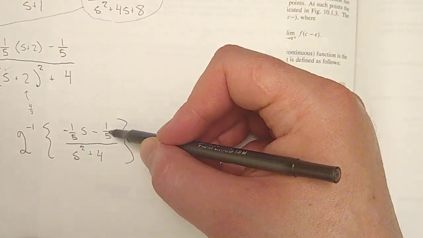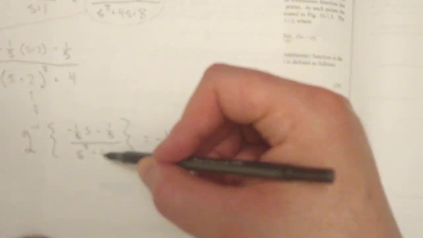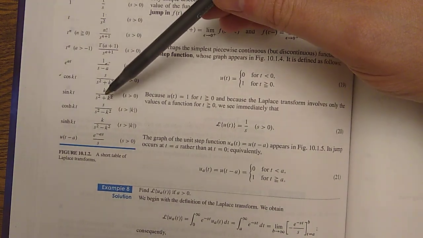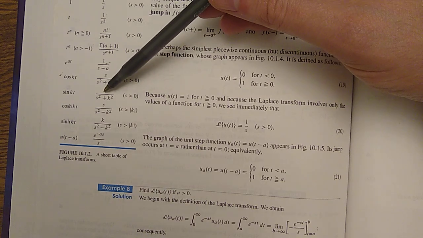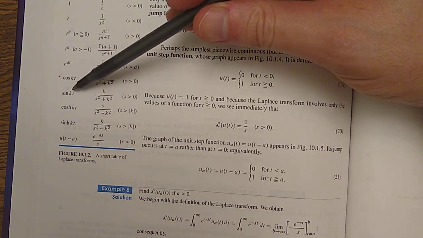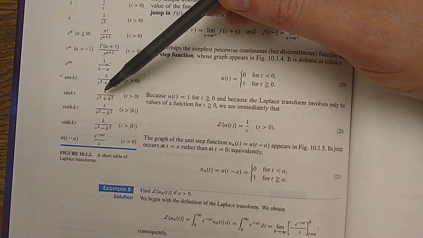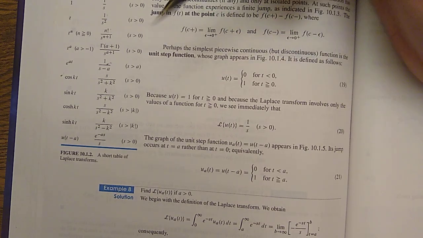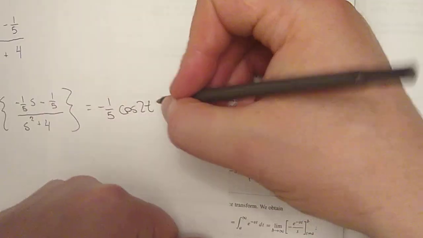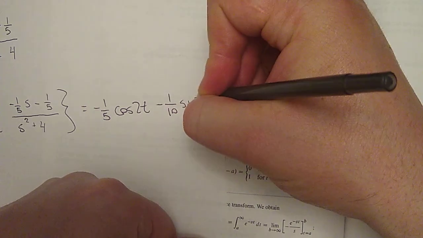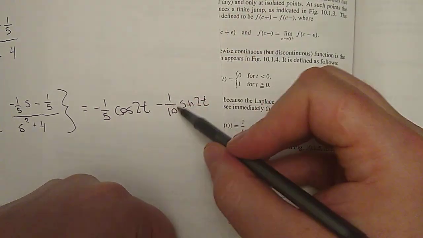Now let's talk about this over s squared plus 4. If it was 2 over s squared plus 4, then it would just be sine 2t. But I don't have a 2 on the top. I have a negative 1/5 on the top. So this should be negative 1/10 sine 2t.